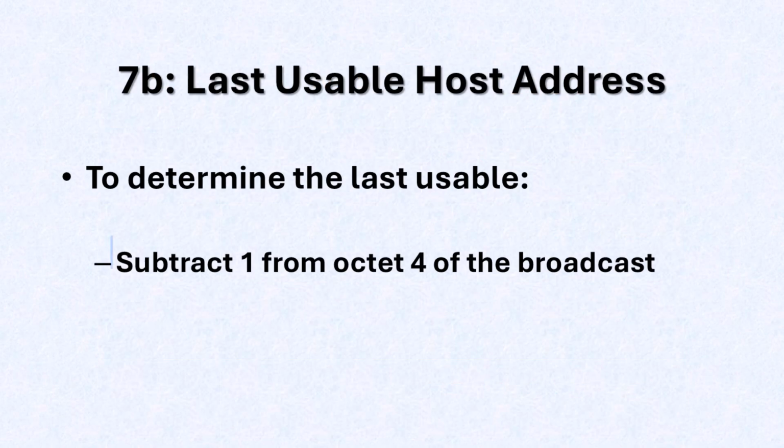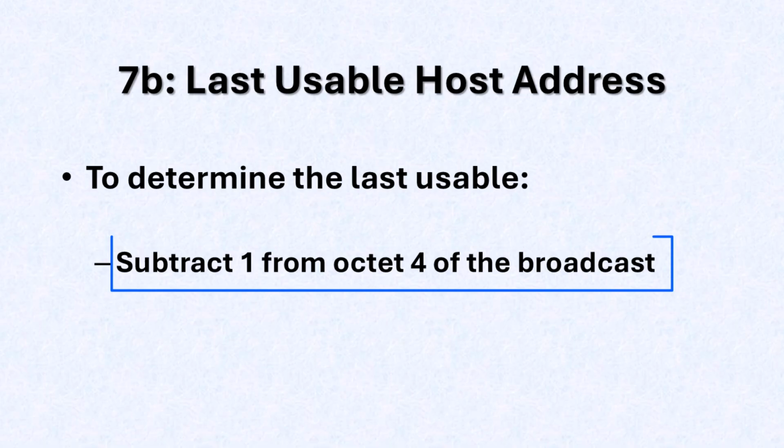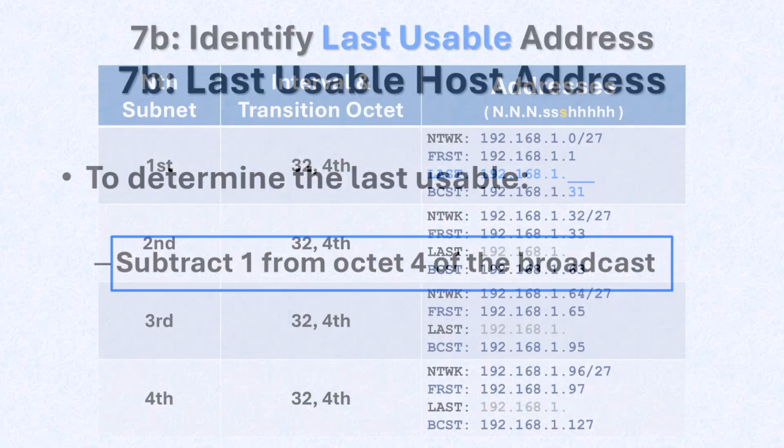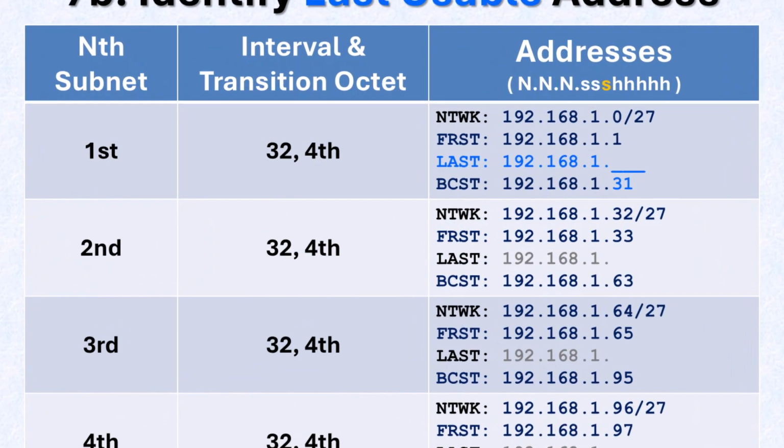For the last usable host address, subtract 1 from the 4th octet of the broadcast address. For subnet 1, 31 minus 1 gives .30. For subnet 2, 63 minus 1 gives .62.